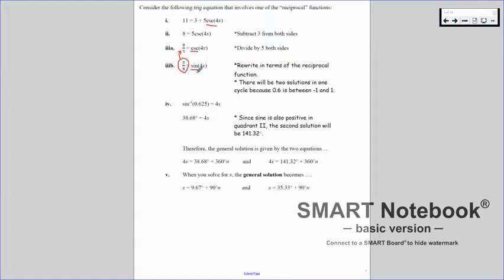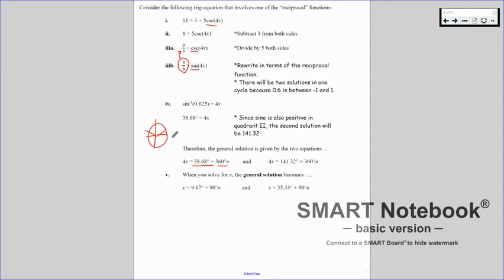And now that question becomes just like how we finished off the last one. We're going to inverse sine. We get our answer from the calculator. We write our general solution. And now for sine, I have 38.68, so somewhere over here. Where else is the sine positive? On that one, I have to go over into the second quadrant.